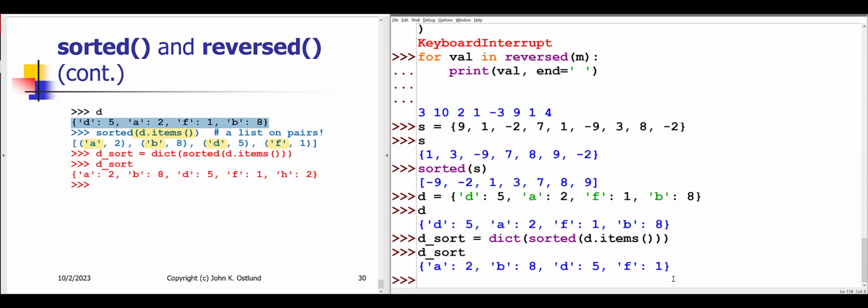So you can't directly sort a dictionary internally, but you can obtain a sorted copy of the dictionary, and from that just create a brand new dictionary.